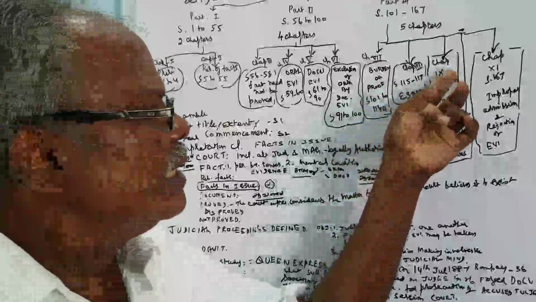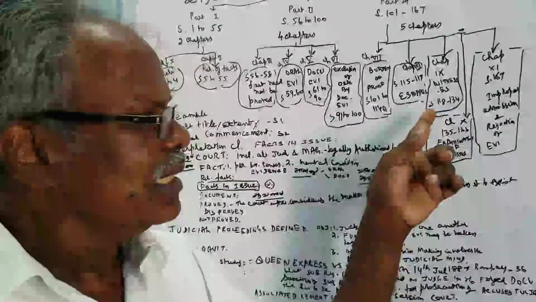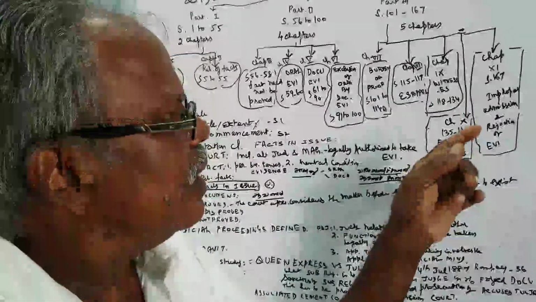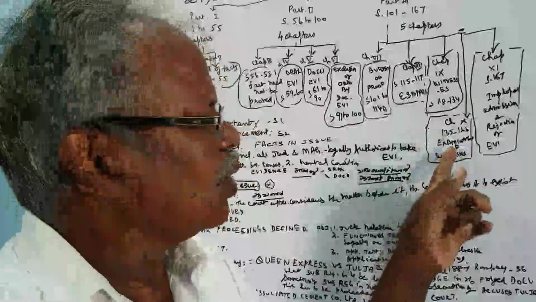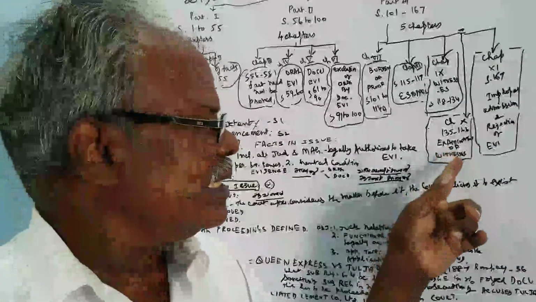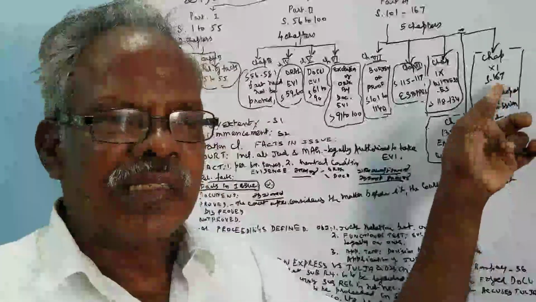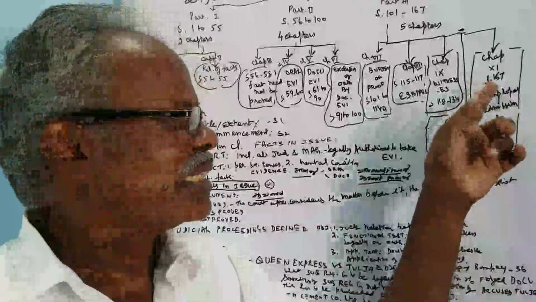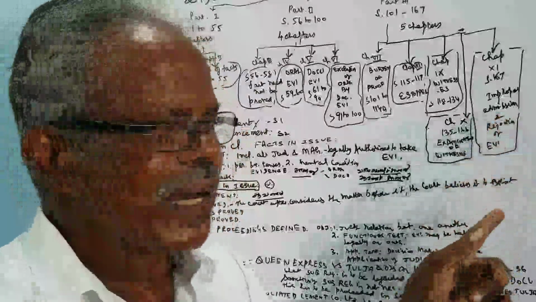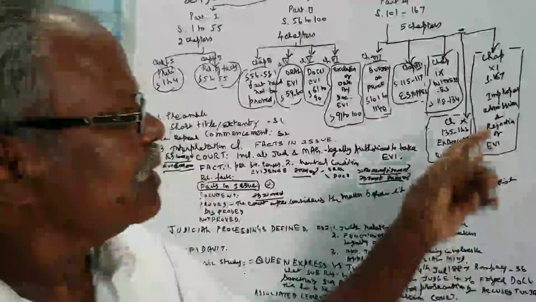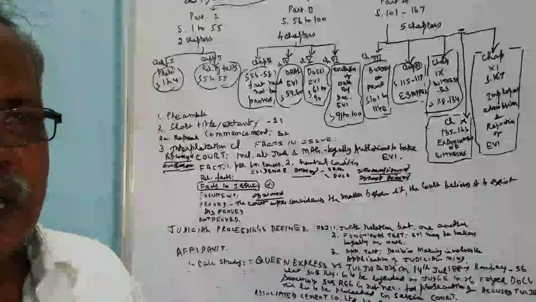Chapter 9 is witnesses, 118 to 134, and chapter 10, 135 to 166, is examination of witnesses. And the last chapter 11 has only one section, 167, improper admission and rejection of evidence. These are all the structural arrangement.